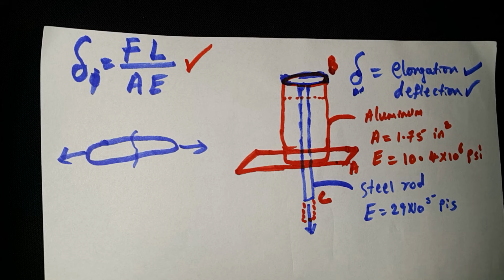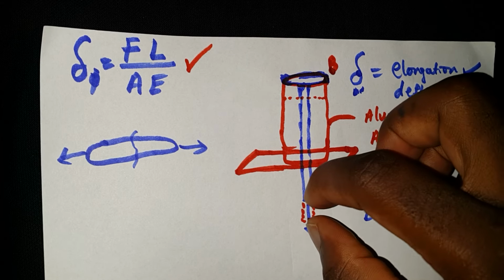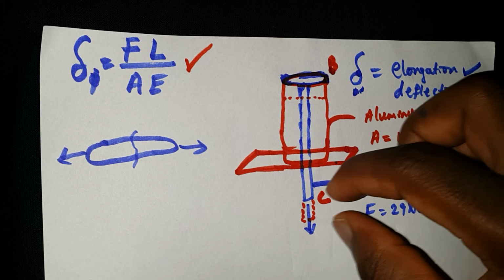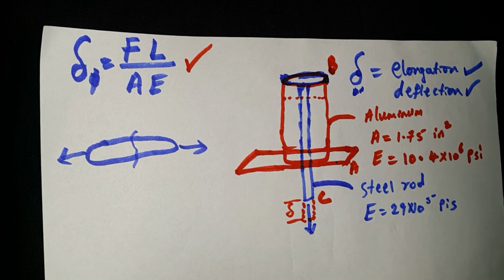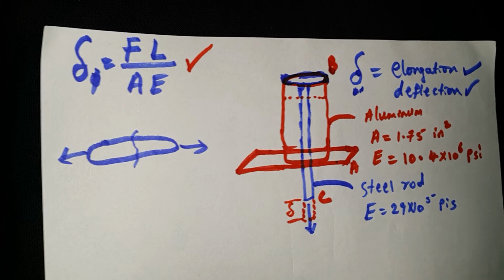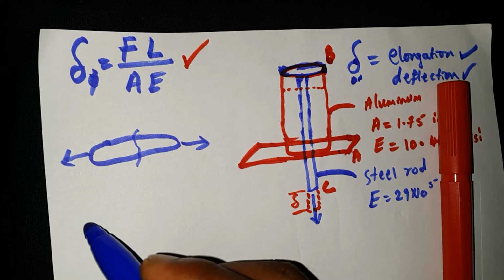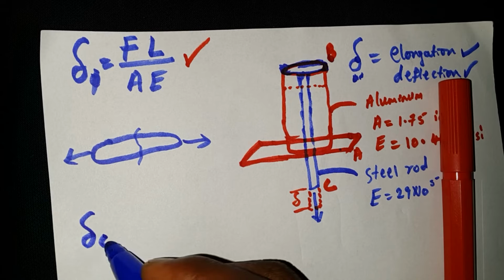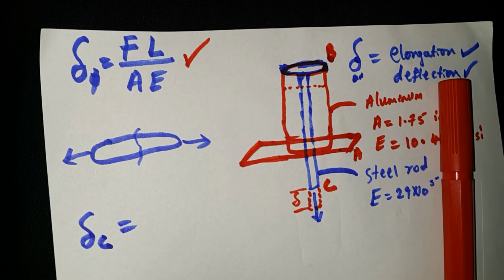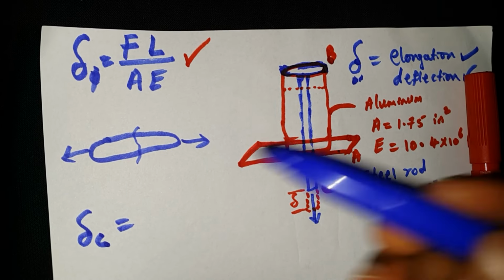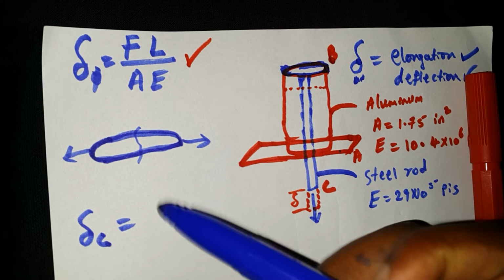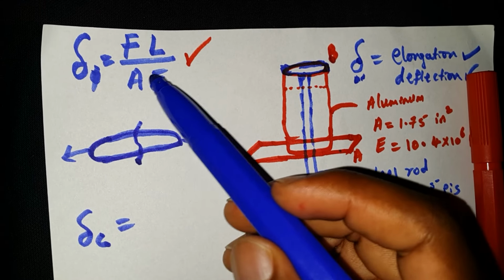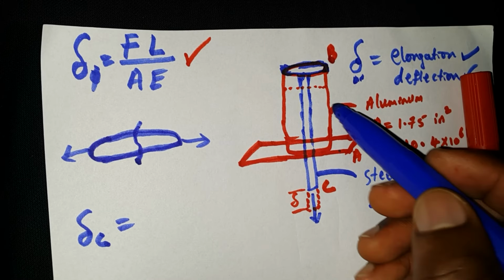Now, what are we looking for? We are looking for the elongation of C. In the last video we had just one member, so we just had this formula, but here we have two members.